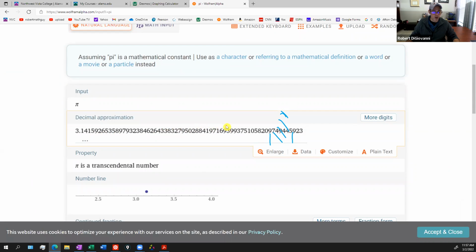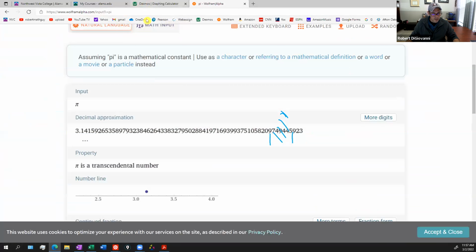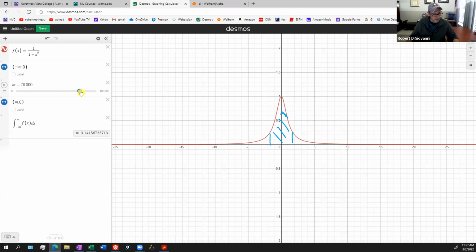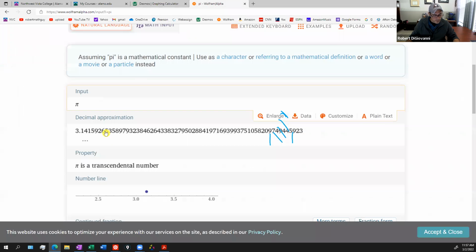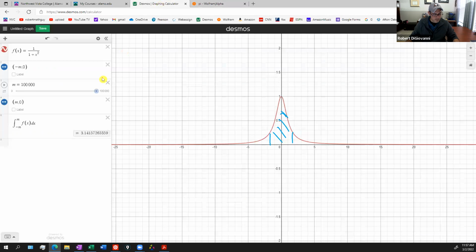All we would have to do is just keep asking Desmos to go further. I mean, right now I've only gone out 100,000. We're at 3.1415726. So we've got the first 4 decimal point accuracy, right? We don't have the 5th decimal point.